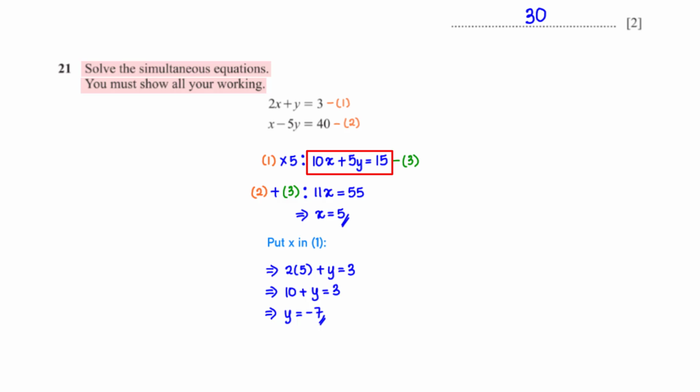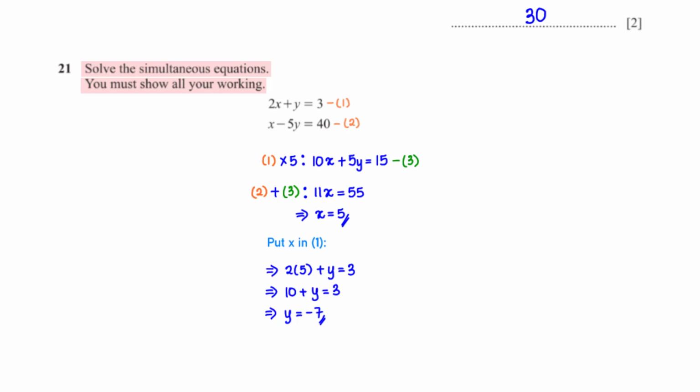Now that we have 5y in equation 3 and negative 5y in equation 2, we can eliminate y by adding equation 2 and equation 3. This gives us 11x equals 55. When we divide both sides by 11, we get x equals 5.